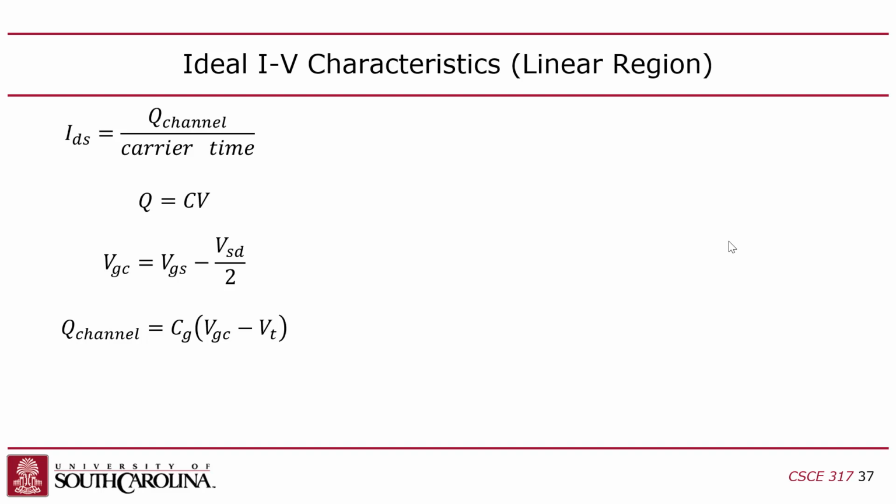Actually, sorry, scratch that, one thing I forgot. You have to subtract the threshold voltage from that, because the threshold voltage is what's required to get you the inversion region. In order for VGC to be calculated in this way, you have to have the inversion region under the gate, in the channel, and you can't get that until you hit the threshold voltage.